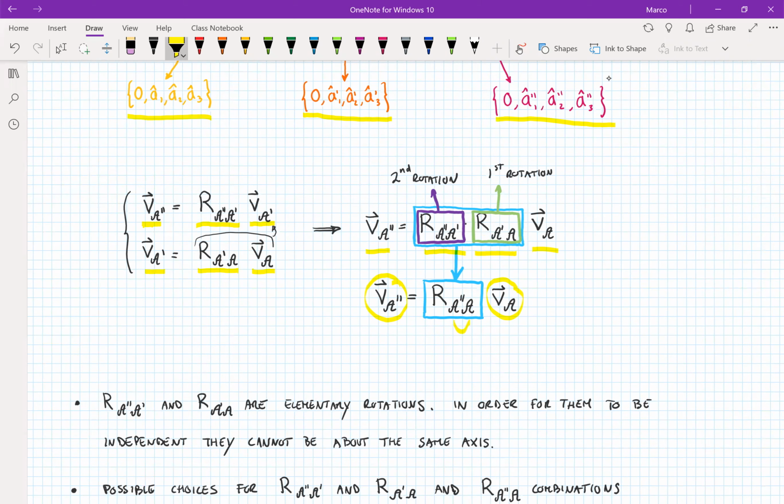But you see that this rotation matrix is nothing but the multiplication of two elementary rotations. So R A double prime A is equal to R A double prime A prime times R A prime A.